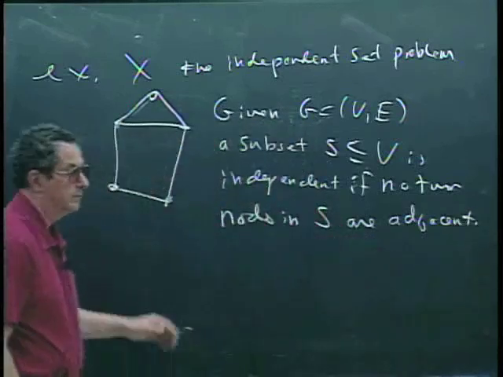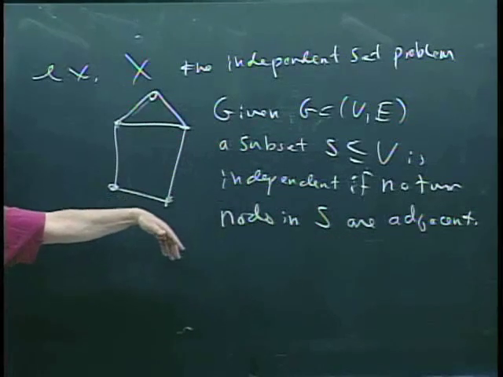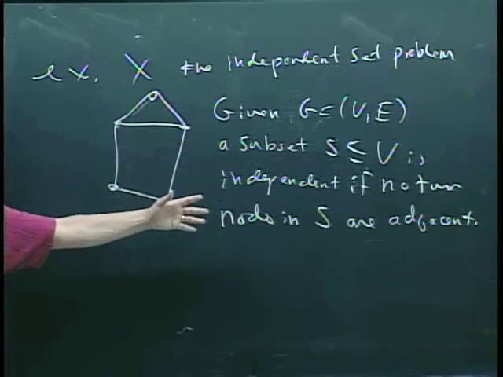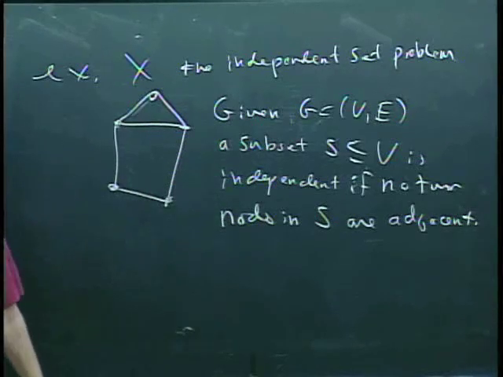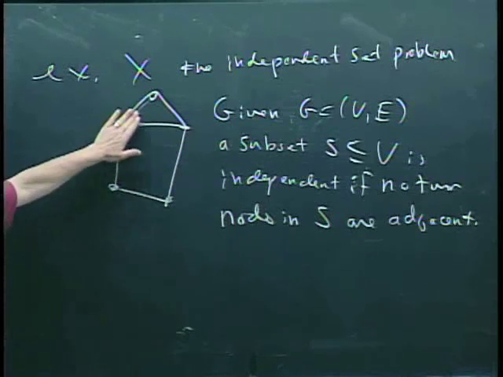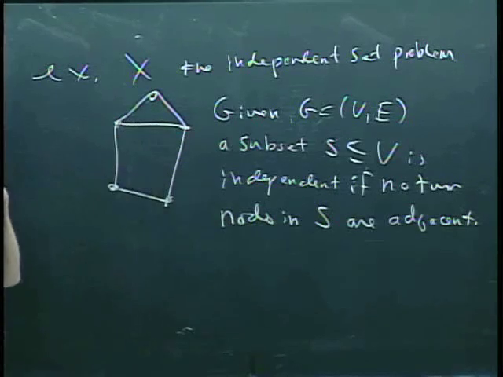Remember, in your homework you had a question about independent set on a tree, and you could solve that with a polynomial-time dynamic programming algorithm. But in general, for a general graph, we don't have any nice algorithms that solve it.